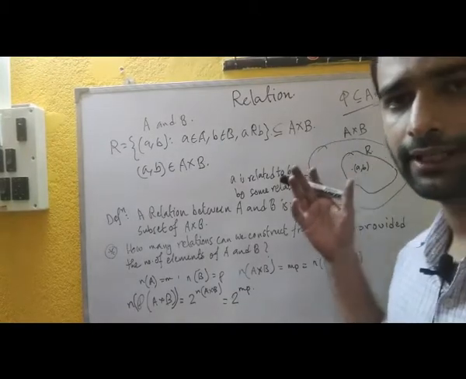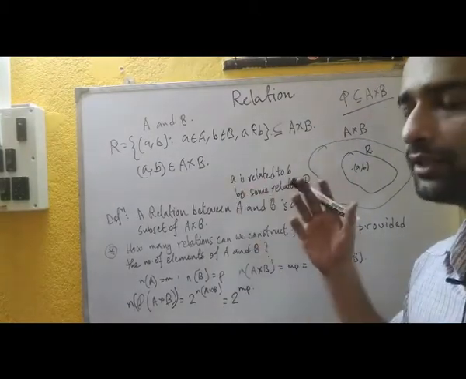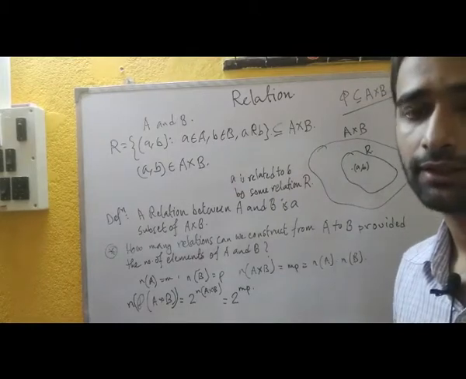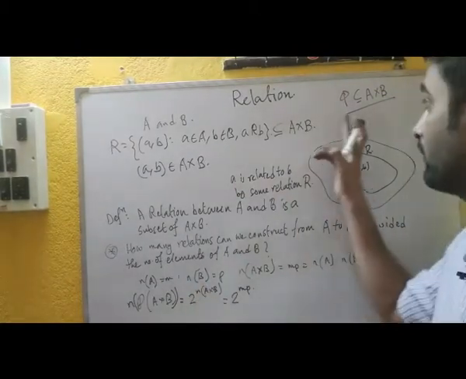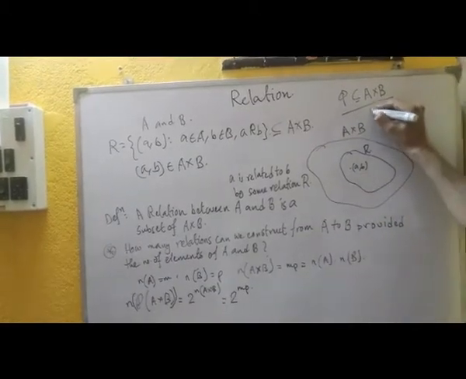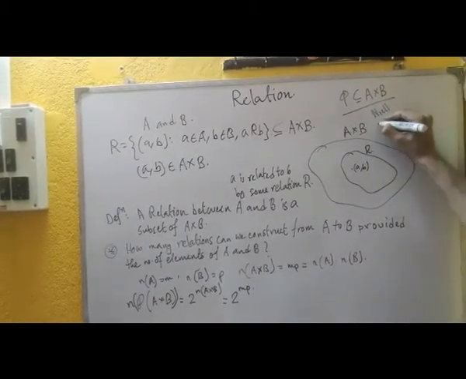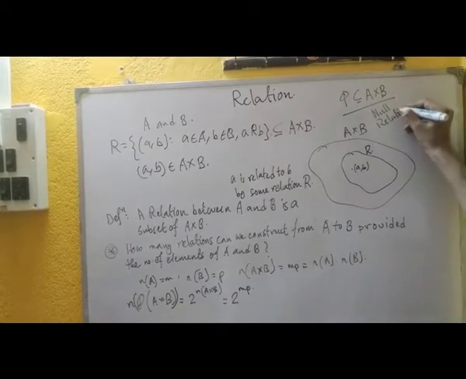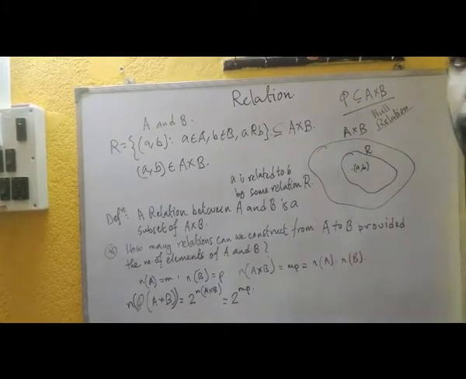So basically we say here that the elements of A and B are not even related with each other, and we express that relation by phi. So it's called the null relation. Phi is called the null relation. It expresses that there is no relation between the elements of A and B.